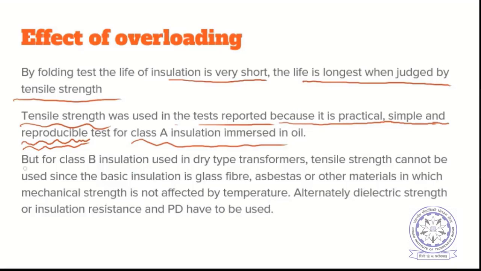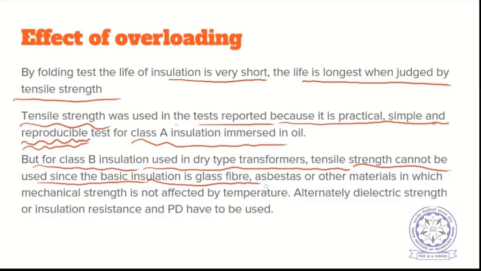But for class B insulation used in dry type transformers, tensile strength cannot be used, since the basic insulation is glass fiber or asbestos or other material in which mechanical strength is not affected by the temperature. So for class B insulation, we cannot use the tensile strength test.